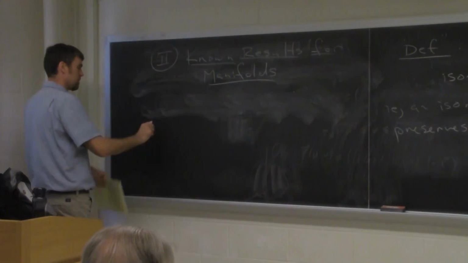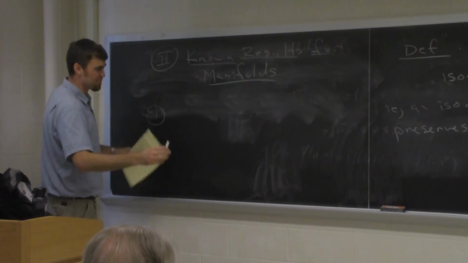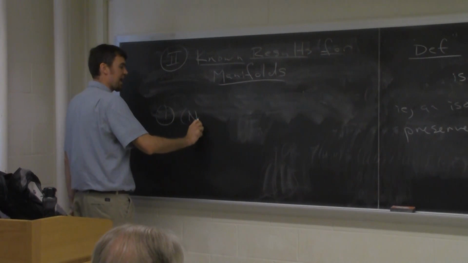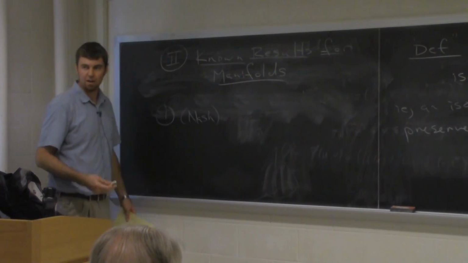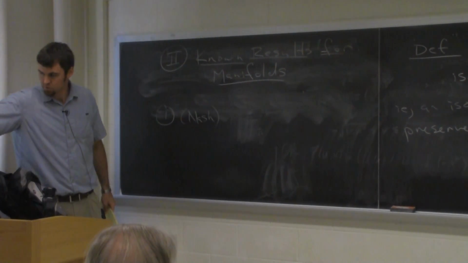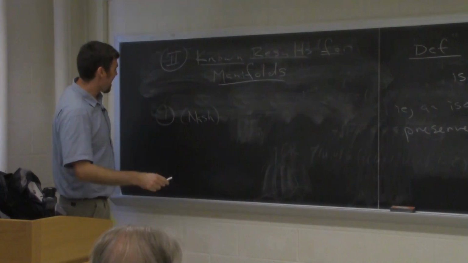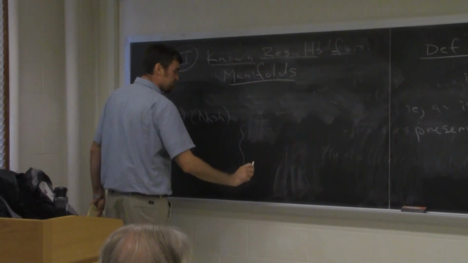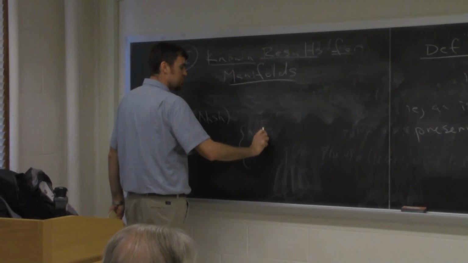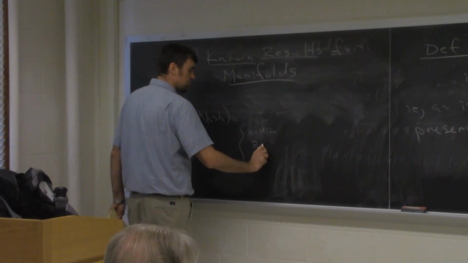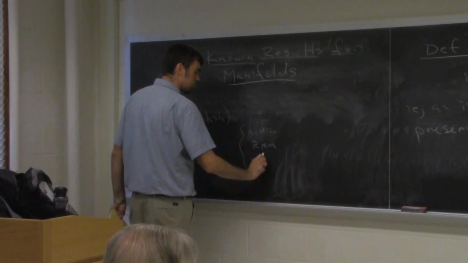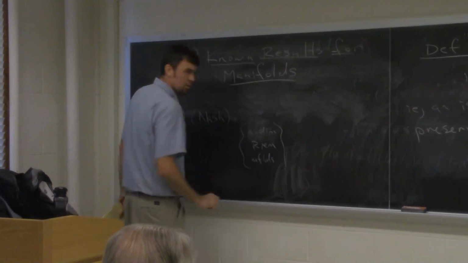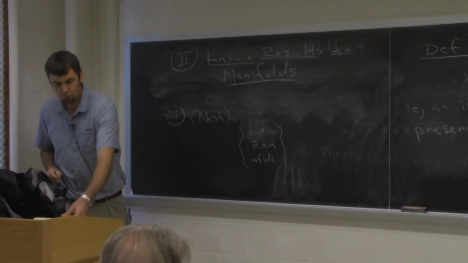So the first major result, the famous result, is due to Nash. It's the famous Nash isometric embedding. You look at the collection of n-dimensional Riemannian manifolds, and Nash proved two results in two different papers.